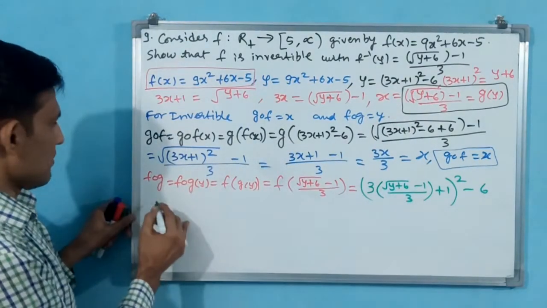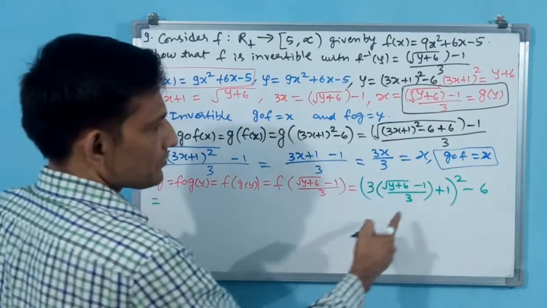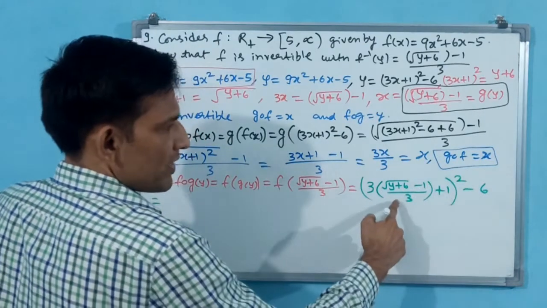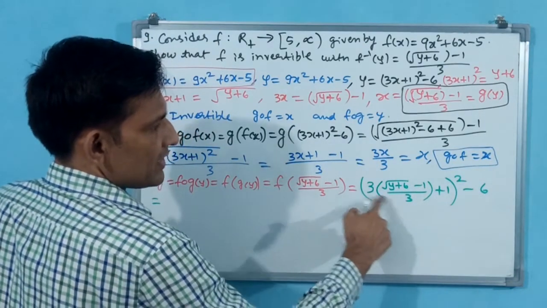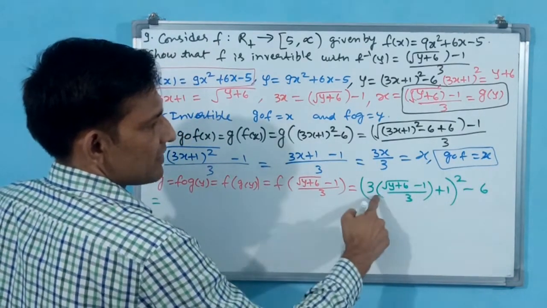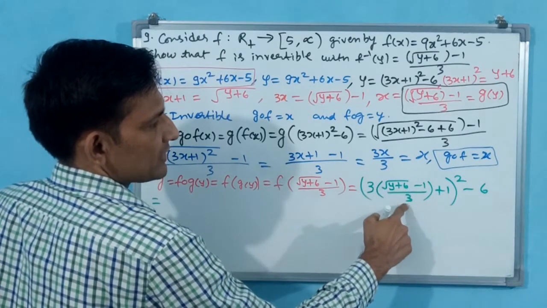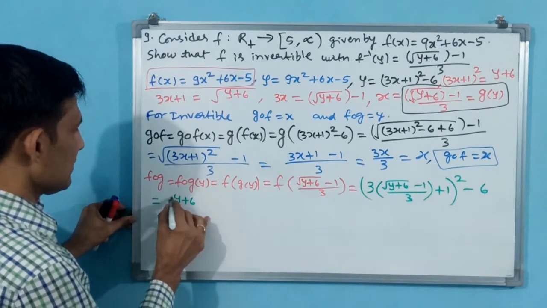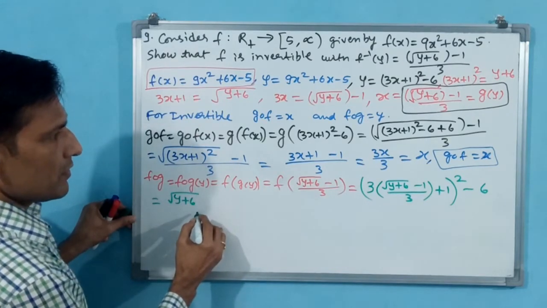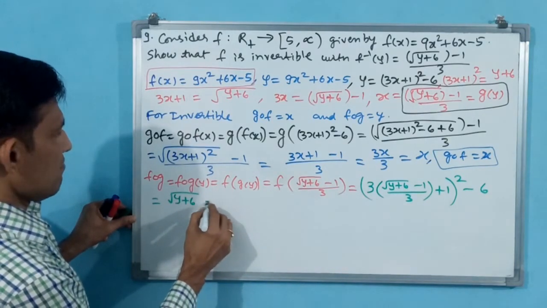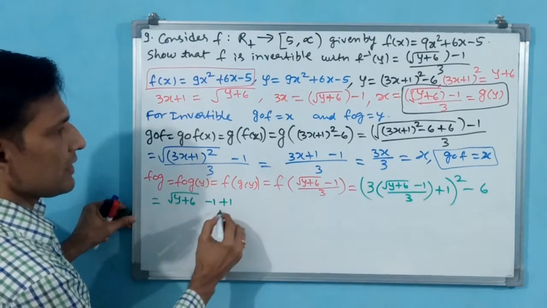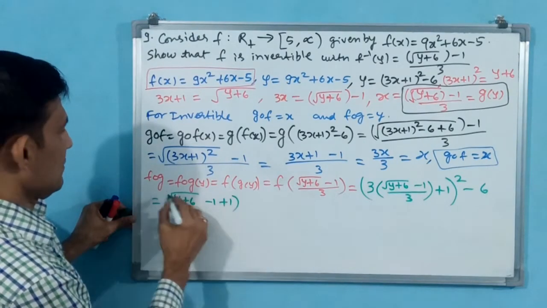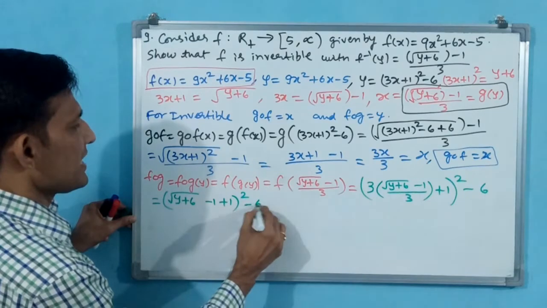Okay, now come here. Before doing the square itself, here inside you see the 3s are going to get cancelled. Why? Because this square root is for y plus 6 only. You write like this: square root of y plus 6, minus 1 plus 1, whole square, minus 6.